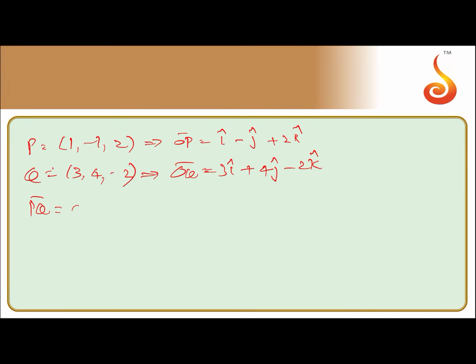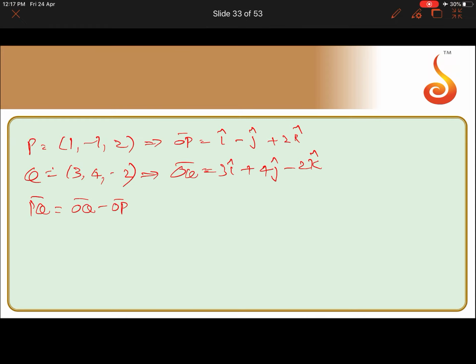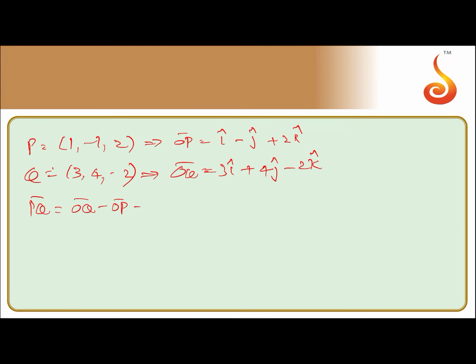Now calculate PQ vector, that is OQ minus OP, which is Q minus P, that is 2 i cap plus 5 times j cap minus 4 times k cap.